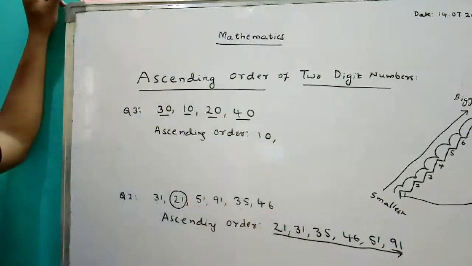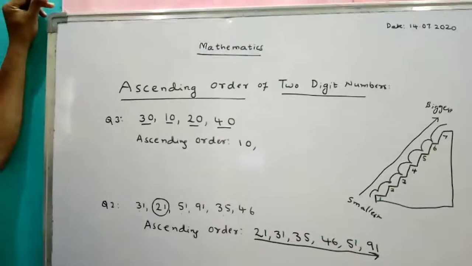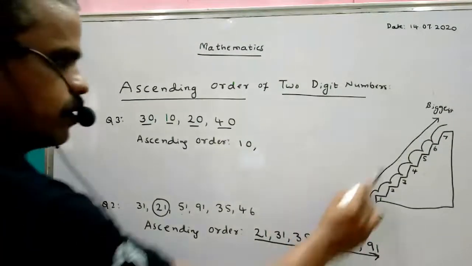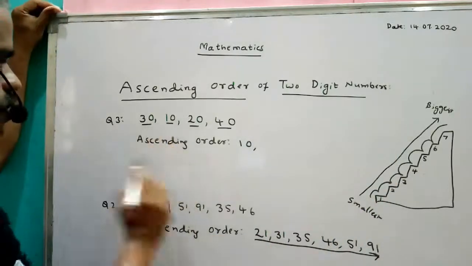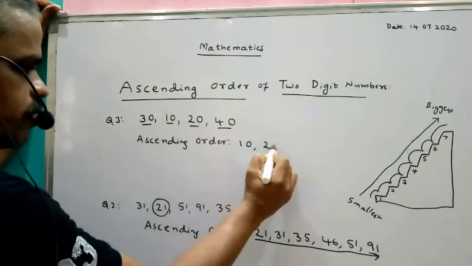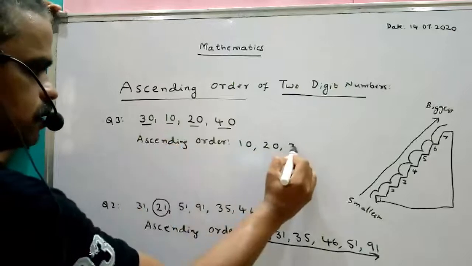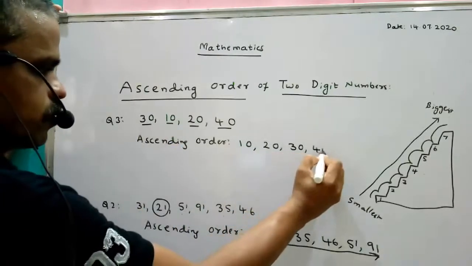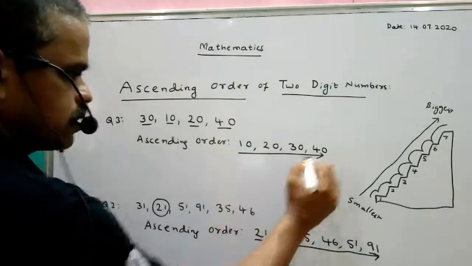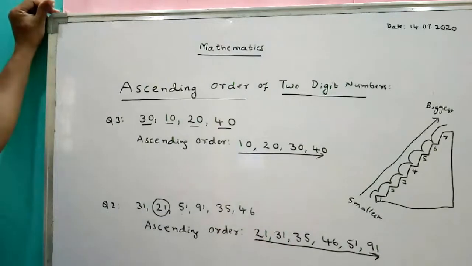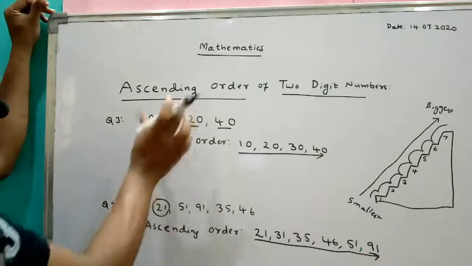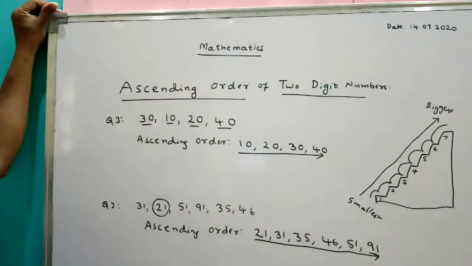So in ascending order, we have to write smallest to biggest. So this is the smallest number. Next 20. Next 30. Next 40. This is the ascending order. So like this, we can do ascending order of 2-digit numbers.